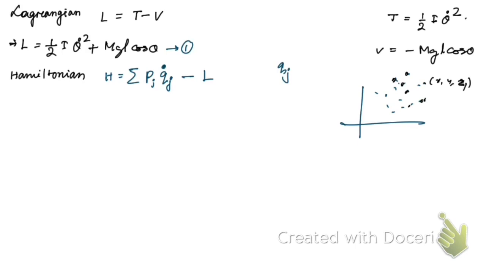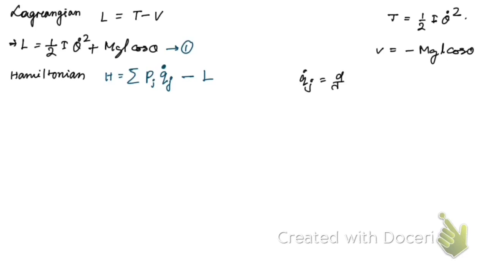Those coordinates are represented by this q_j, which are functions of x1, x2 and so on, y1, y2 and so on, z1, z2 up to n, if there are n number of particles. Let me consider it that way. And q_j dot is nothing but the time derivative of q_j.